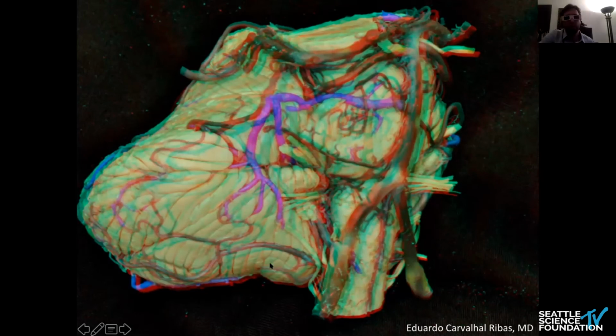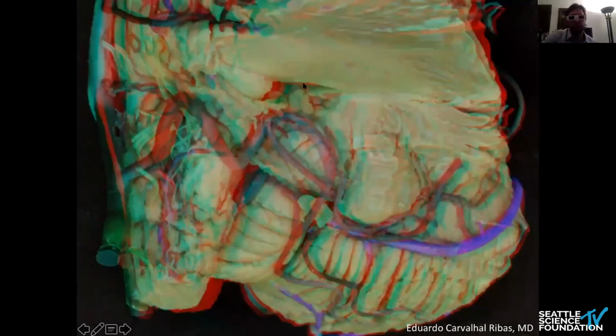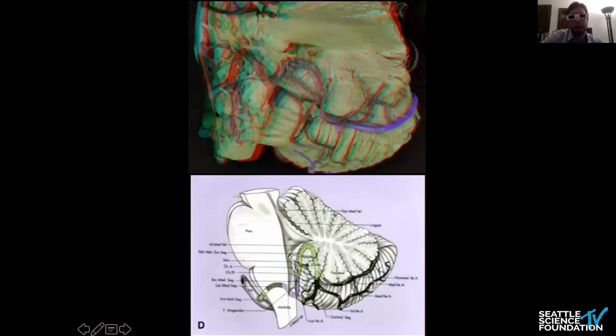PICA will supply the suboccipital surface of the cerebellum. The AICA will supply the petrous surface of the cerebellum, and the SCA will supply the tentorial surface of the cerebellum. Okay, I already mentioned the PICA has its loops.